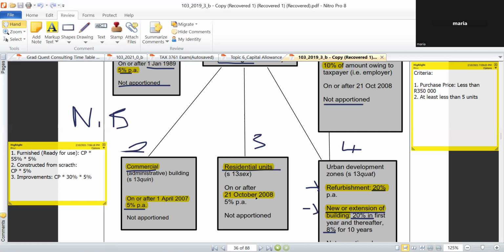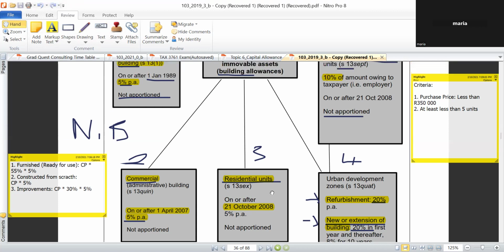But if it is a property which is acquired after 21 October 2008, and it's a residential unit, what SARS does, they would apply provisions of Section 13(6), right? And that portion of the Income Tax Act allows you to claim 5% of the total purchase of the residential units in question.